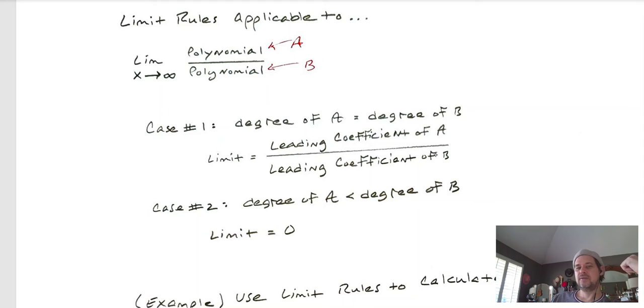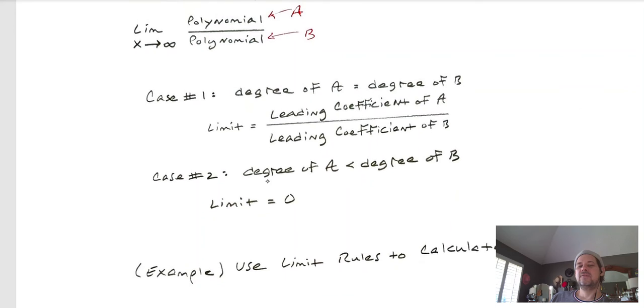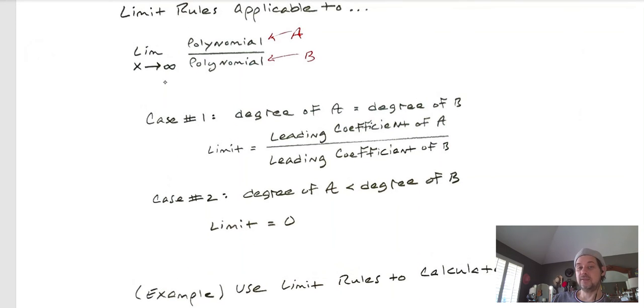So if the highest exponents on top and bottom are equal, then the limit is the ratio of the leading coefficients. We'll see an example of that in just a second. If the degree of the top is less than the degree of the bottom, then the limit is going to be 0.